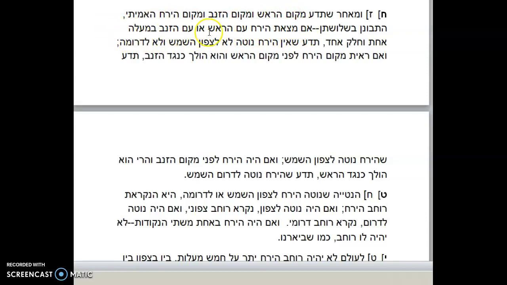Imagine it just happened to be that exactly it's on the Rosh and the Zanav. You know the moon does not have either Netias Tzafonit, it means it's not north of the ecliptic, neither south.